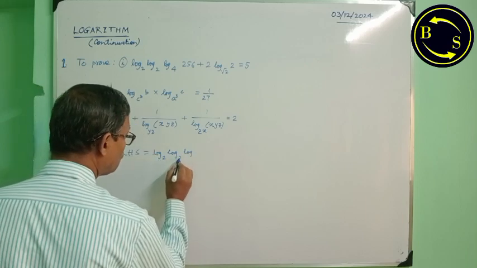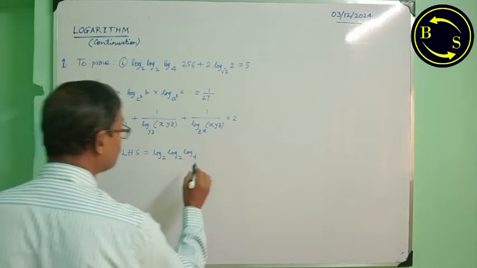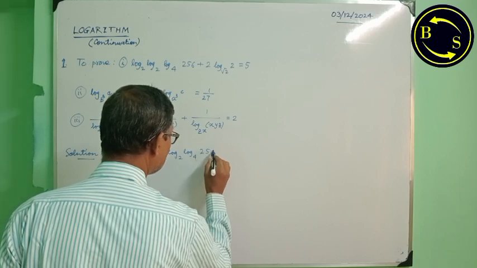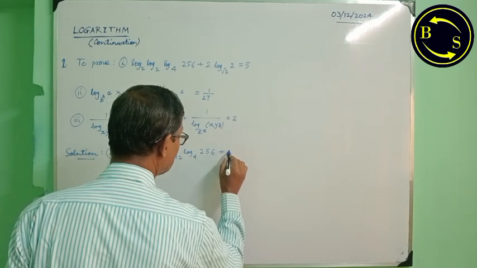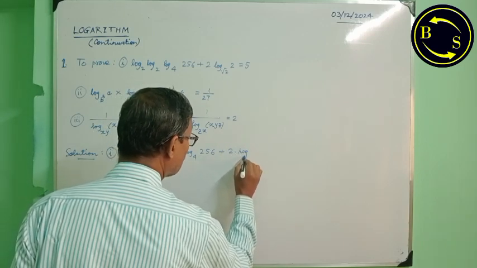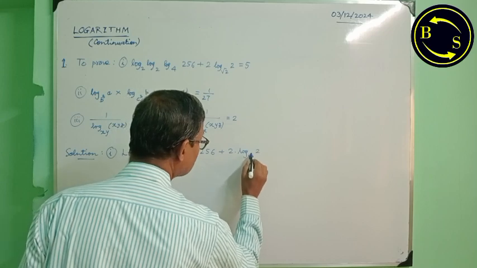Bases are 2, 2, then 4, 2, 5, 6 plus 2 log of 2 to the base root 2.